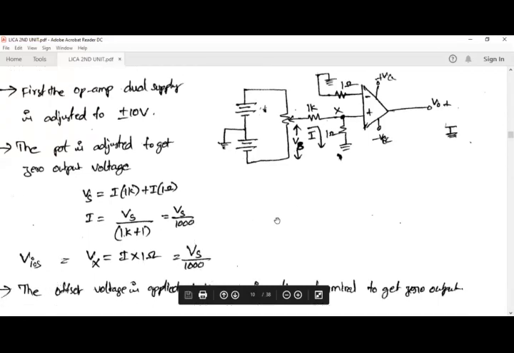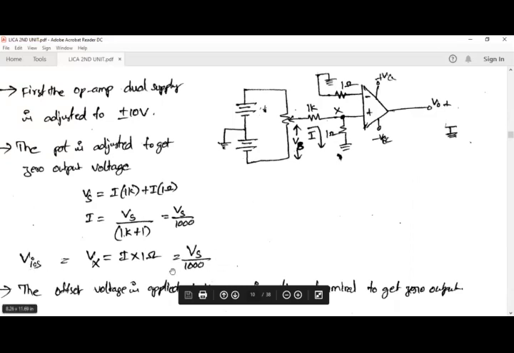Vx, we are going to measure the voltage at this point. Vx may be obtained from the drop across this one ohm resistor, I into 1 ohm, that is Vs by 1000 into 1, nothing but Vs by 1000.